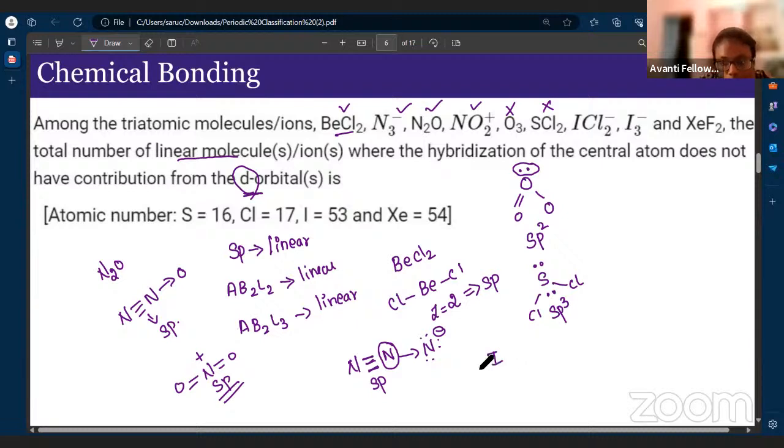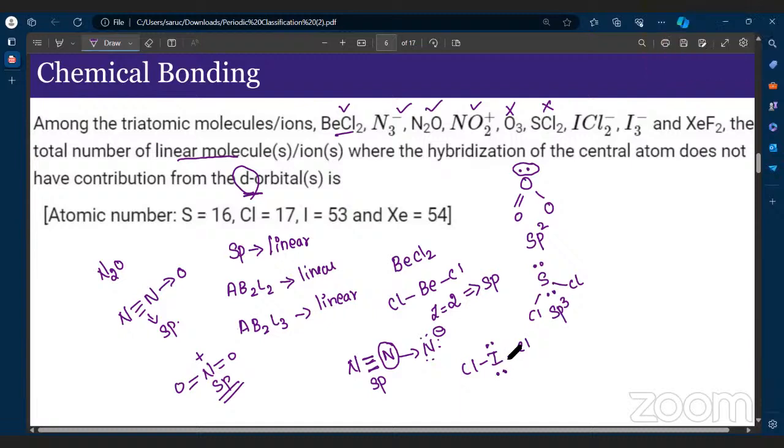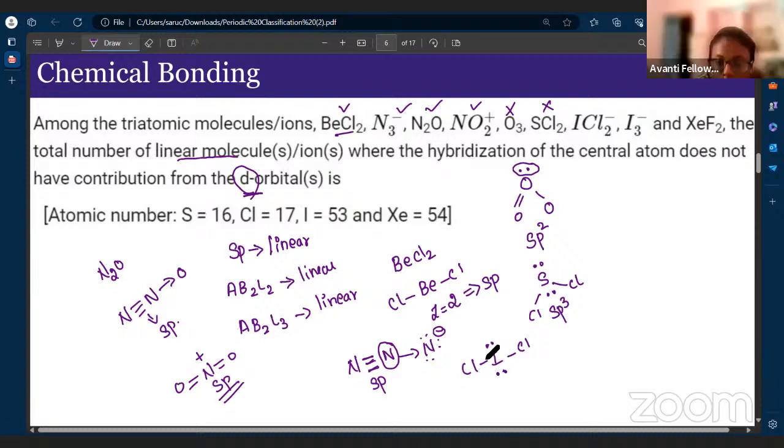ICl2 minus. Check how many electrons you have: 1, 2, 3, 4, 5, 6. So you should have one negative charge over there.